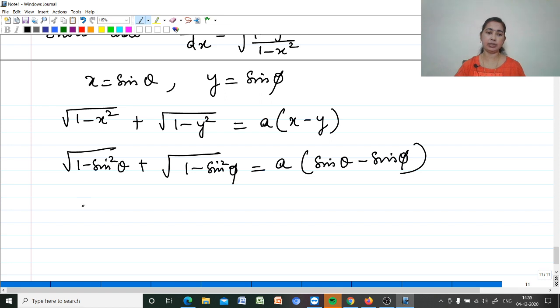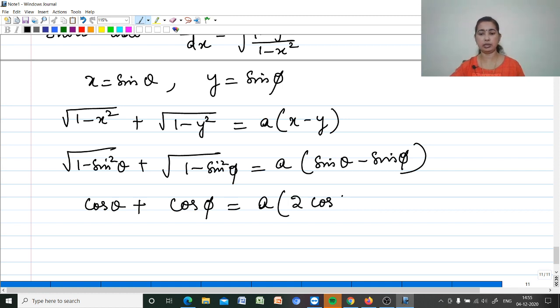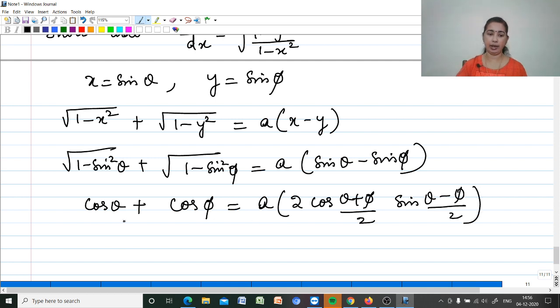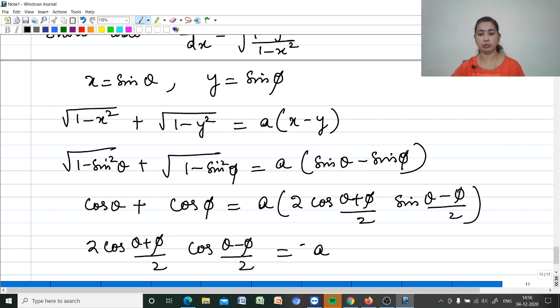Root of 1 minus sine square theta is root of cos square theta, square root of that is cos theta, plus cos phi equal to a into (sine theta minus sine phi), which is 2 cos((theta plus phi)/2) into sine((theta minus phi)/2). And LHS, left side, 2 cos((theta plus phi)/2) into cos((theta minus phi)/2) is equal to 2a into cos((theta plus phi)/2) into sine((theta minus phi)/2).